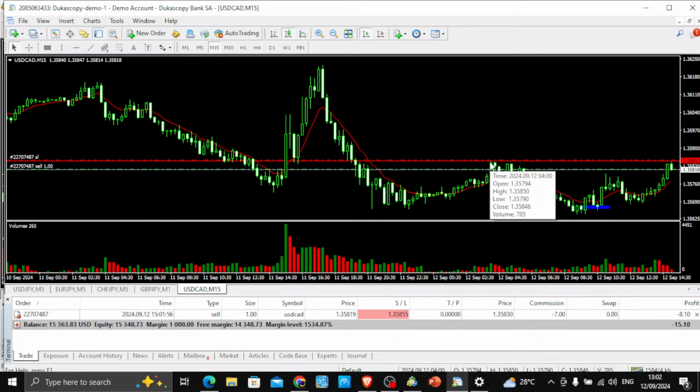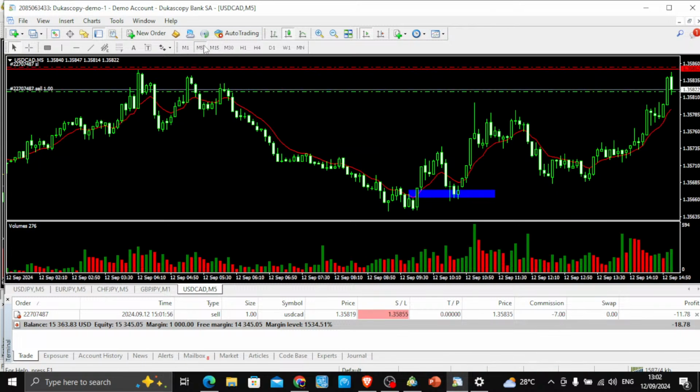Yes, high is 35.85. 35.85 is okay. Yes, that's our stop loss. So we now check, which is about 3.6 pips. So we should be getting at least a minimum of 10 pips.